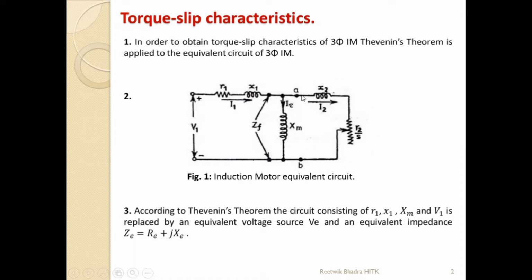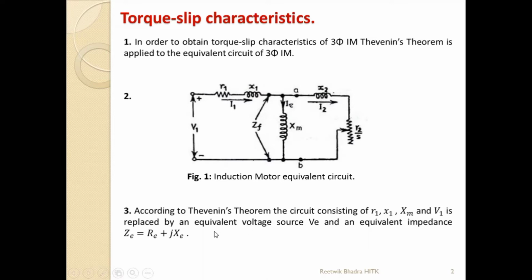Between these two terminals A and B, we'll find the equivalent resistance or impedance after all the sources in the circuit are deactivated. So this voltage source has to be deactivated, it has to be short circuit. But we have to find the resistance across this AB and voltage across this AB terminals only.